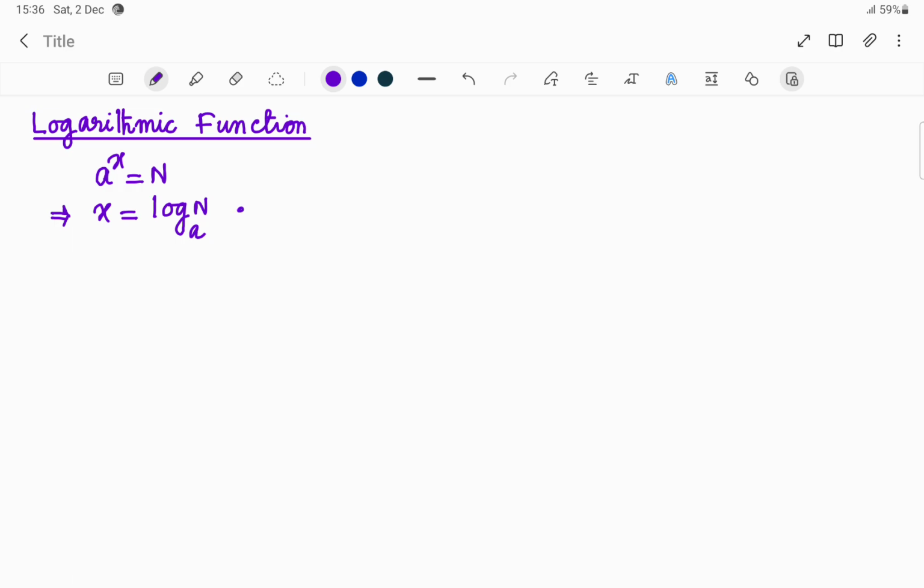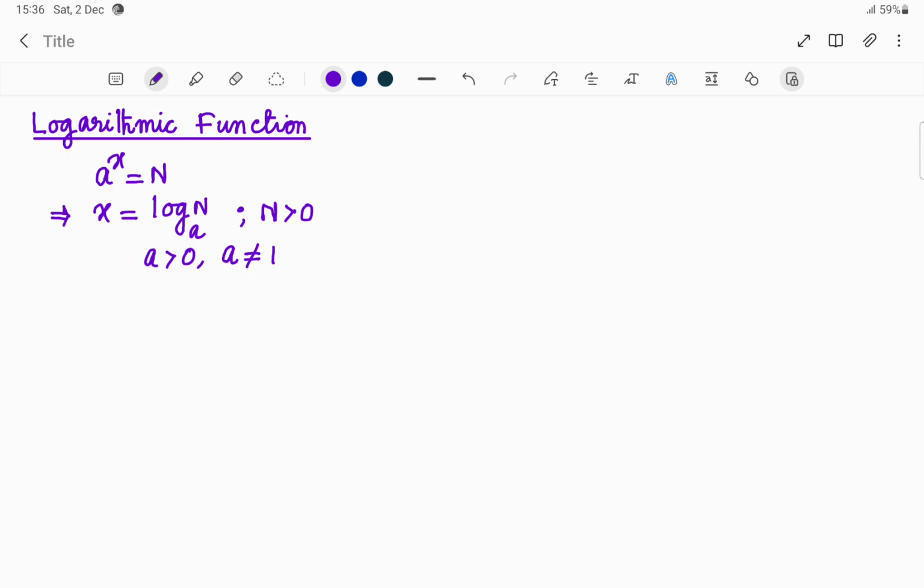Here, you can clearly see n value is greater than 0 and a value is greater than 0, because the base value must be a positive real number and the base value is not equal to 1. So these are the conditions to define a logarithm.